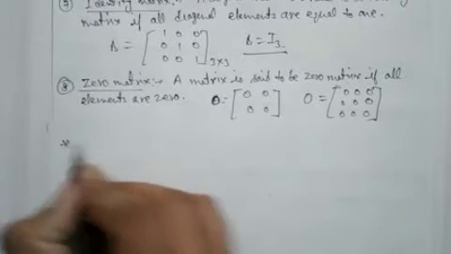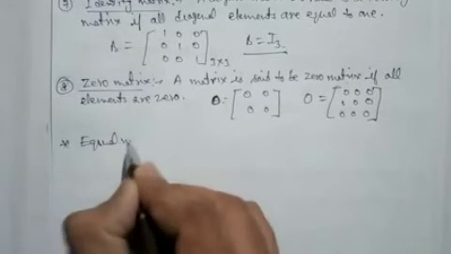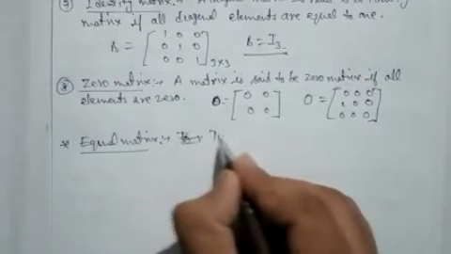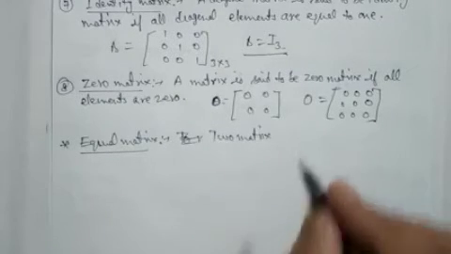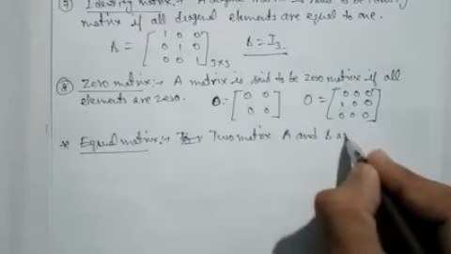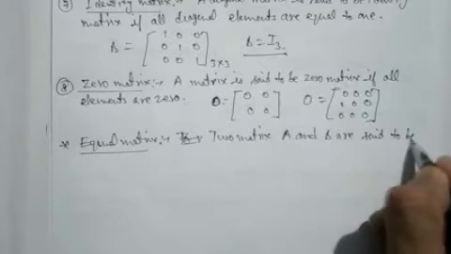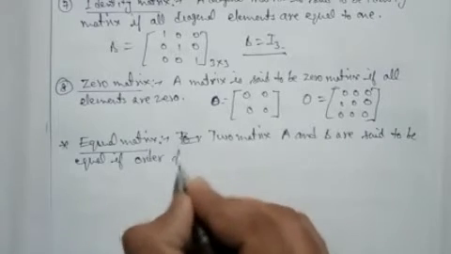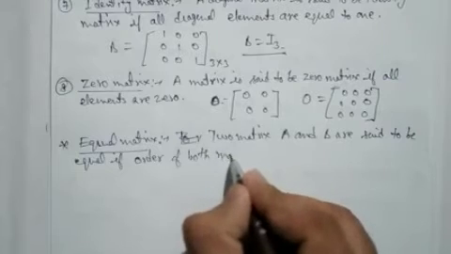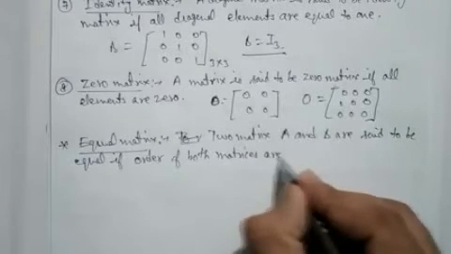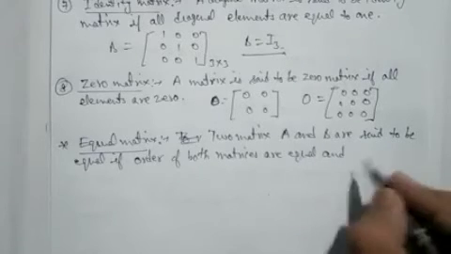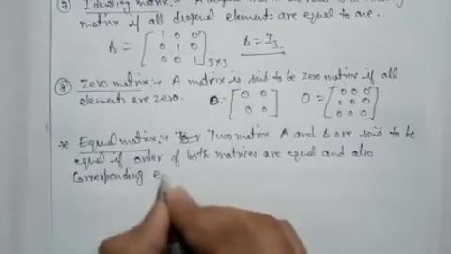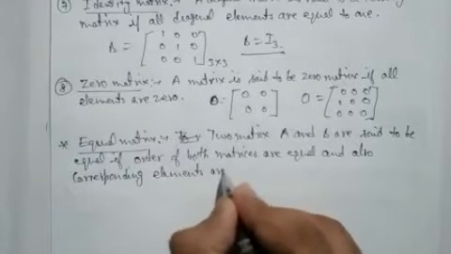Next is equal matrix. Equality of matrix means equal matrix. Two matrices A and B are said to be equal if the order of both matrices are equal and also corresponding elements are also equal.